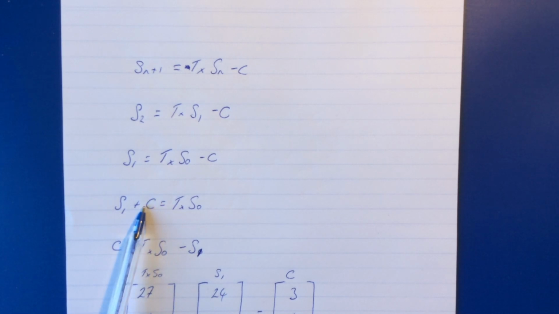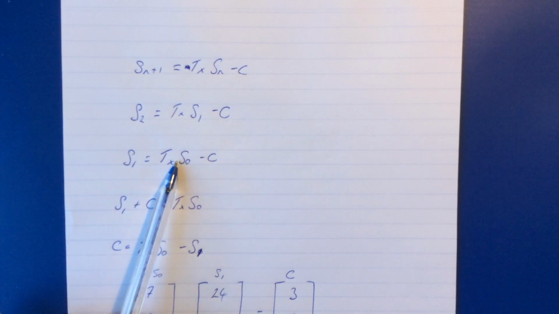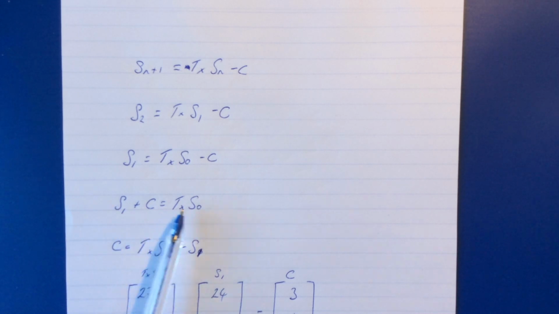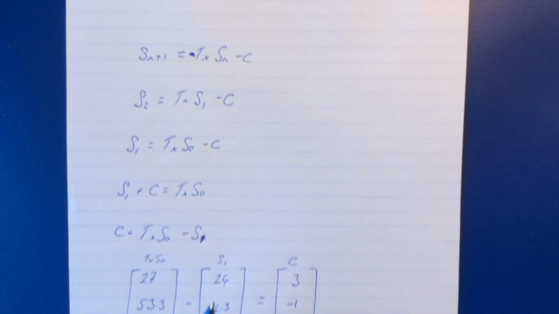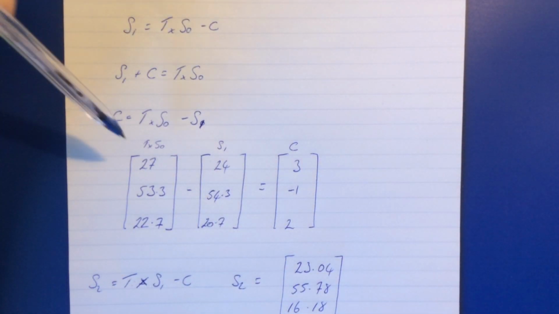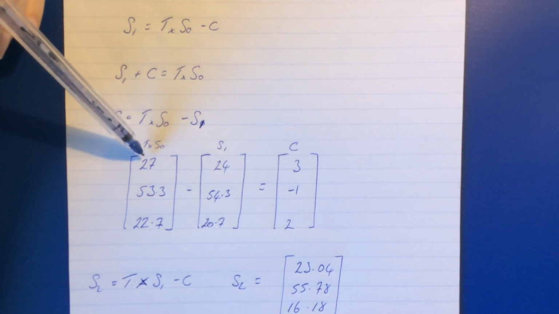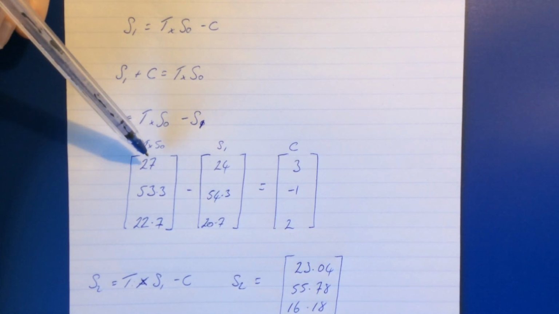Ideally we want C to be positive, so we move C in this direction rather than moving T times S0. S1 plus C equals T times S0. C is equal to T times S0 minus S1, which is what we have down here. And again, if you want to get out your calculator and check this, please do so. You'll see how it all comes together.